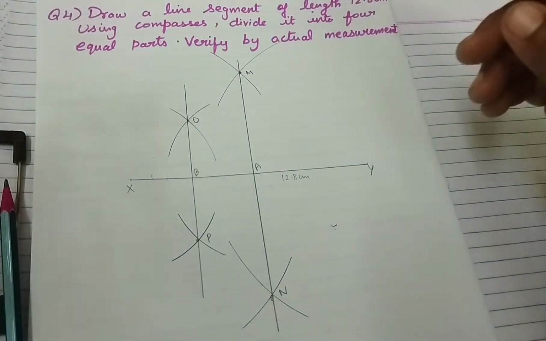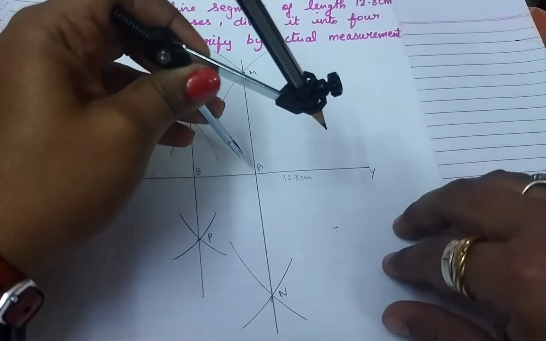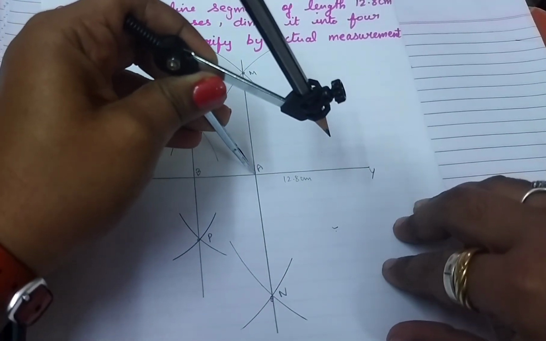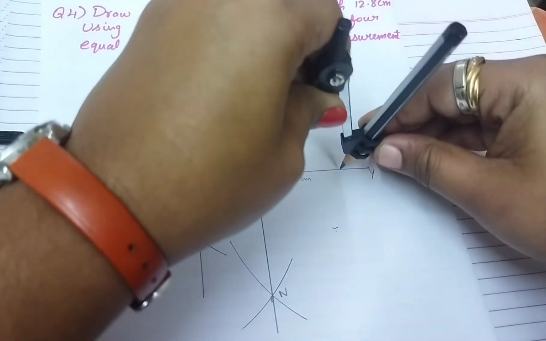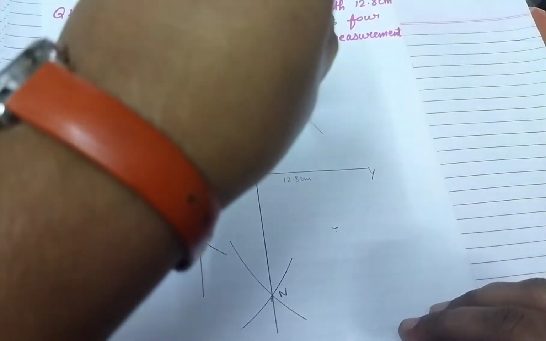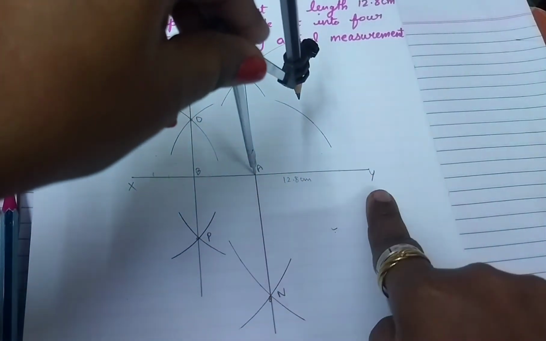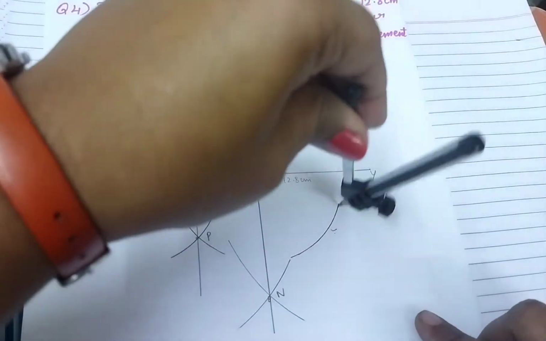Next, we will take AY as a line segment. Now take the perpendicular bisector of A and Y. Take A as the center. Take a convenient radius, more than half it should be. Now draw the arc on either side of this AY line segment. So I am drawing the arc.